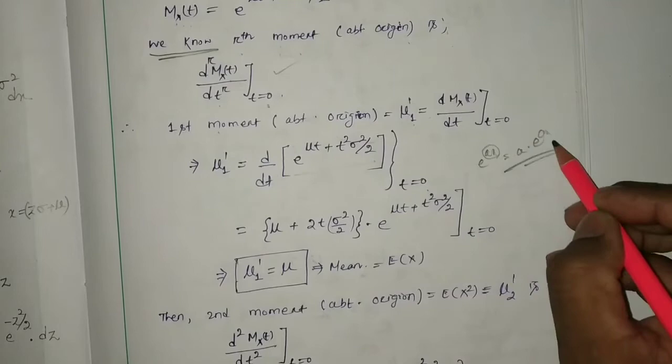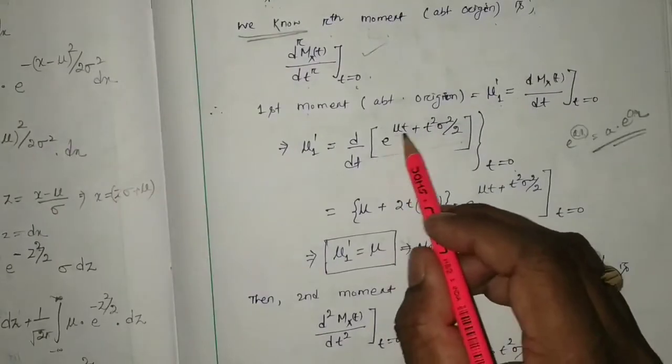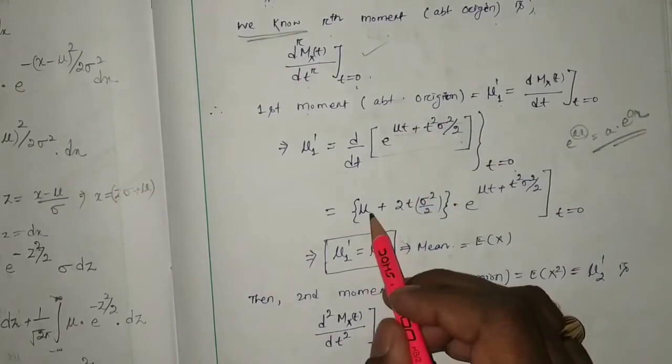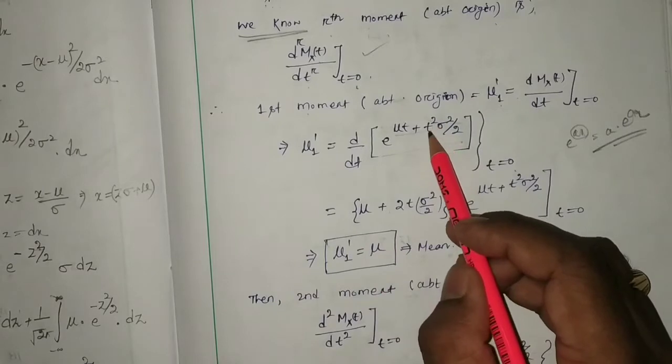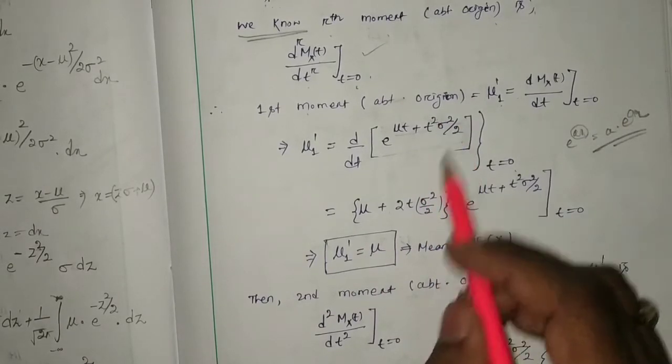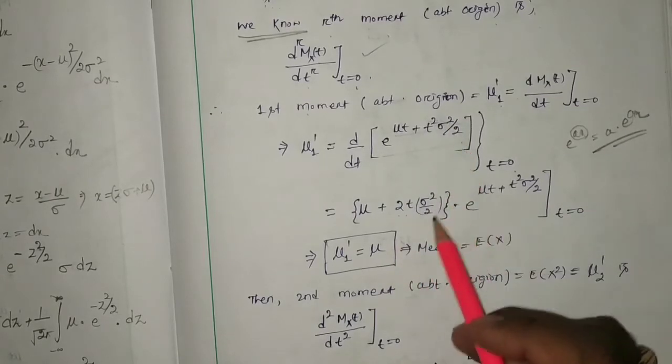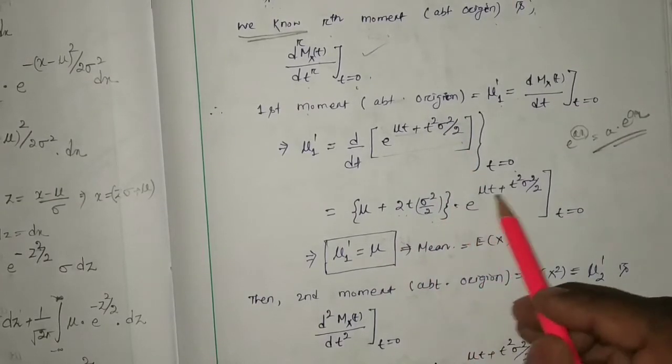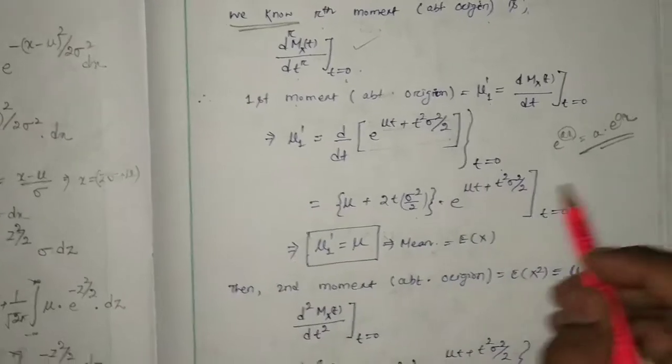So here the derivative of the exponent will be mu plus, since t square is there, differentiating with respect to t gives 2t into sigma square by 2, into e to the power that same term.